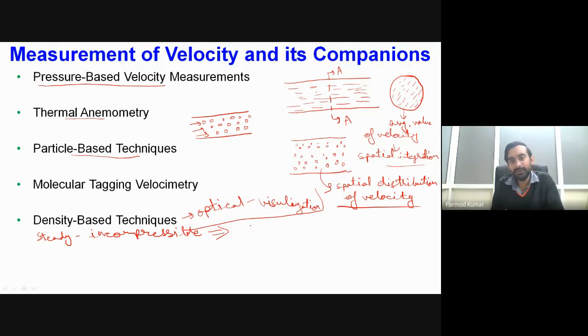We have a certain pipe, and through this pipe we will have the steady flow of a fluid, and the type of fluid we choose over here is nothing but incompressible fluid.